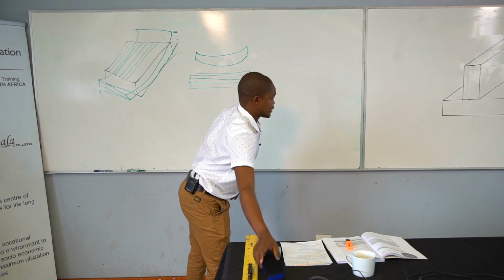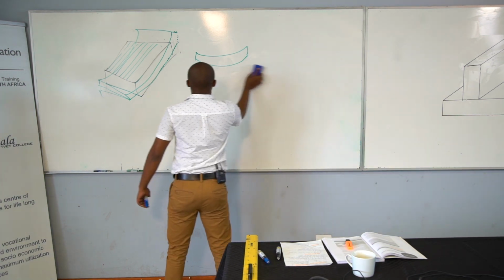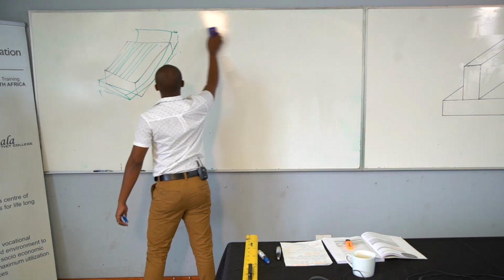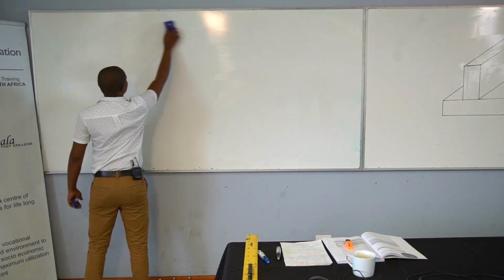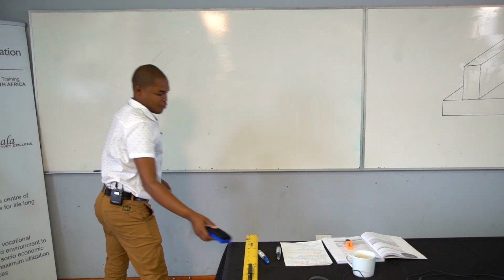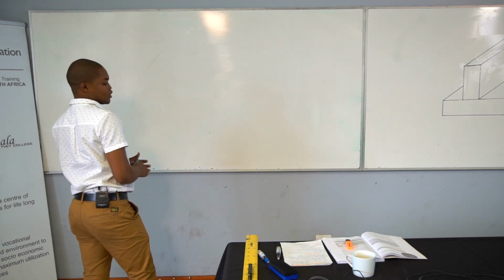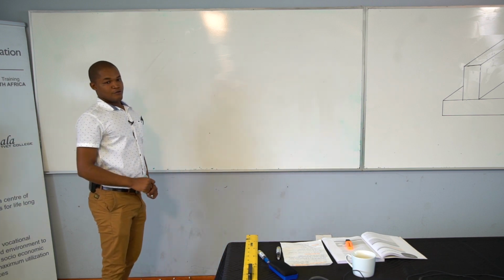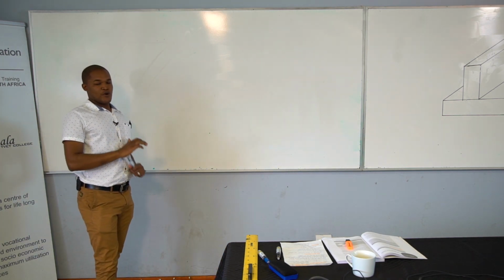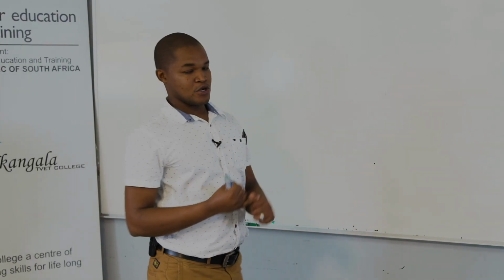Now I'm going to show you how to avoid distortion on workpieces, on the types of joint that we're going to be working with in our welding. We've got two types of welding joints. We've got the fillet joints and we've got the bar joints.